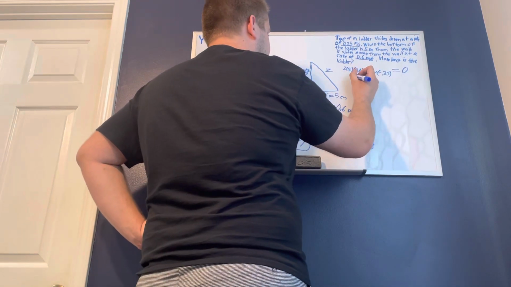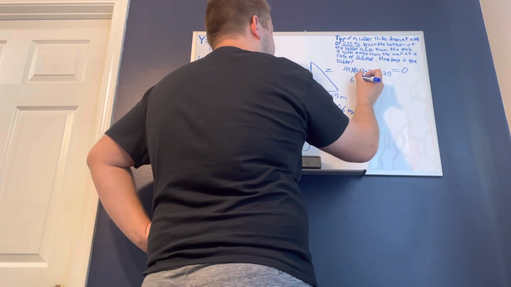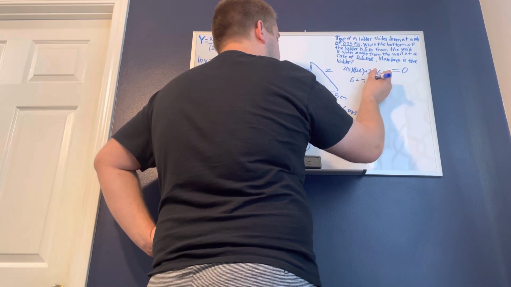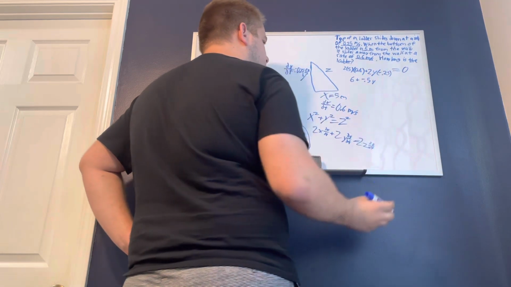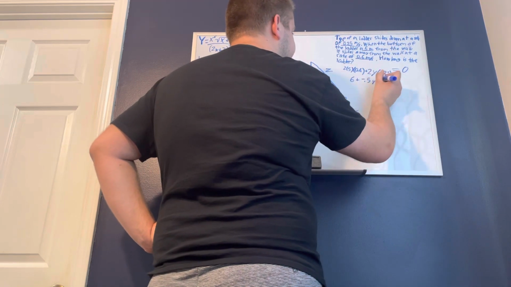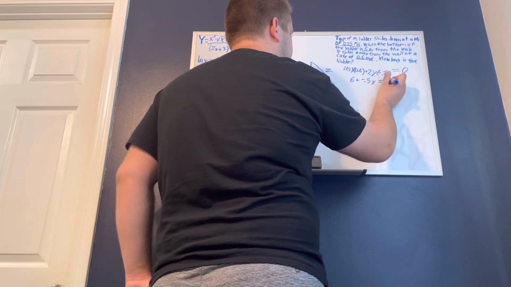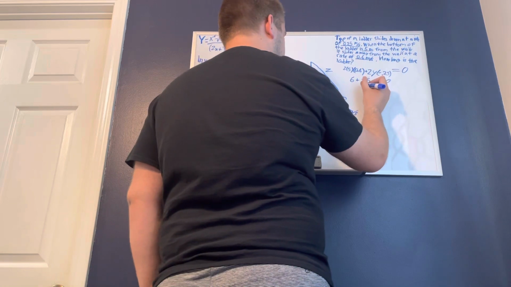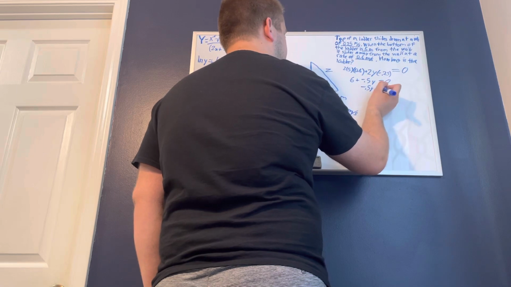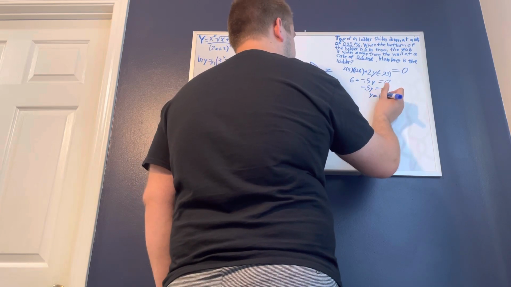Once we work it out a little bit, we get a value of 6 plus negative 0.5y equal to 0. Now I can subtract 6. Divide by negative 0.5. So y becomes equal to 12.